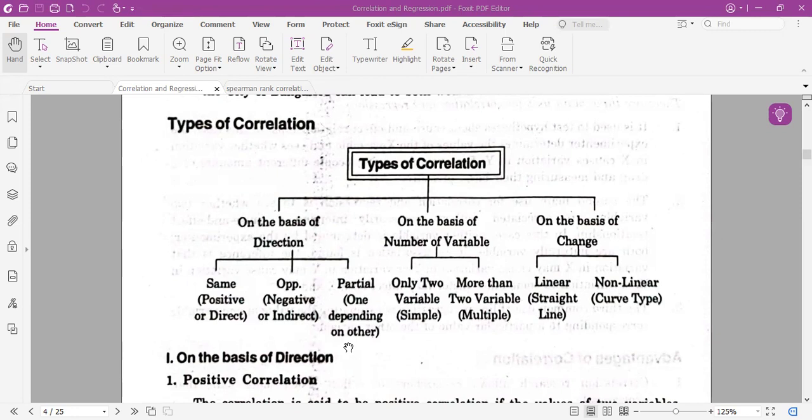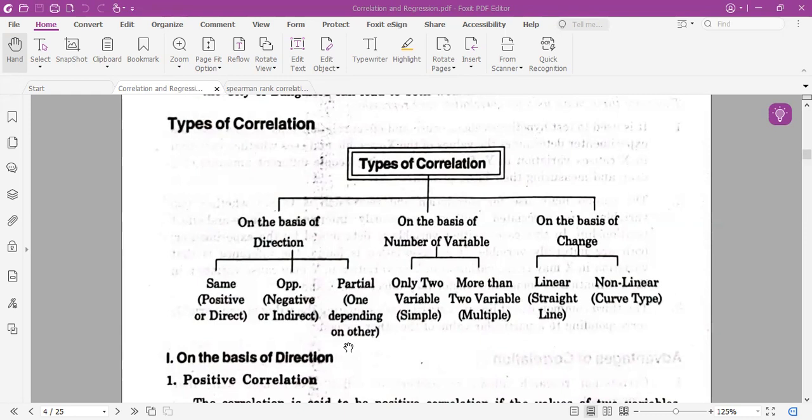On the basis of change, whether the change is happening in a similar direction, in the opposite direction, or in a different direction, it can be classified as linear. Linear basically tells the values are moving in the same direction, in the same way. If you plot these values, you're going to get a straight line, therefore they're called linear correlation.